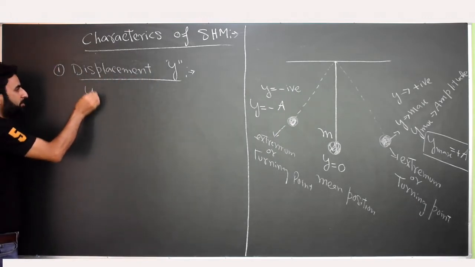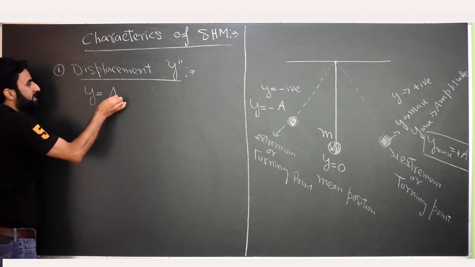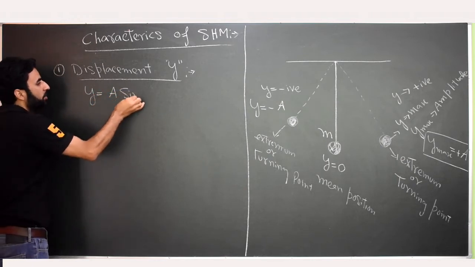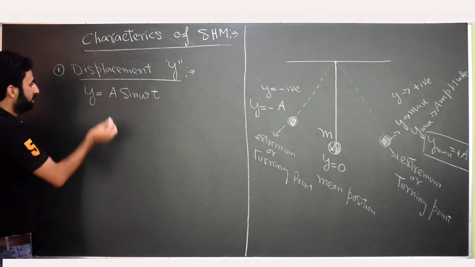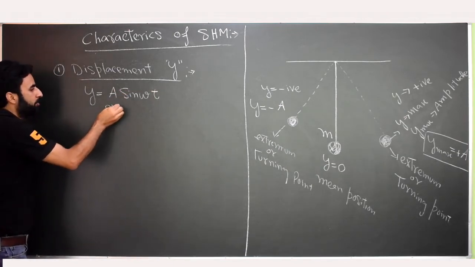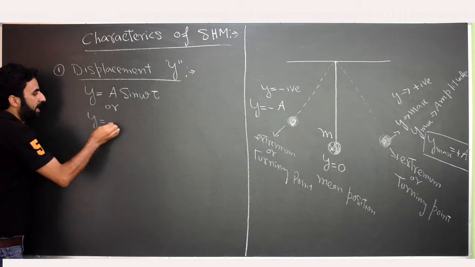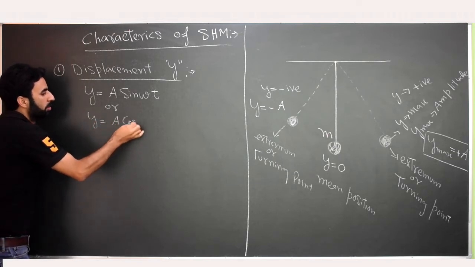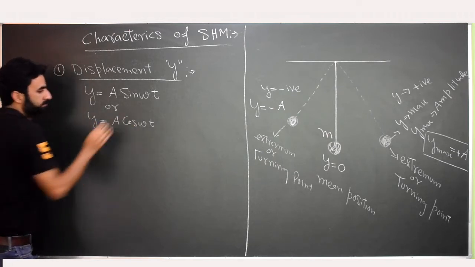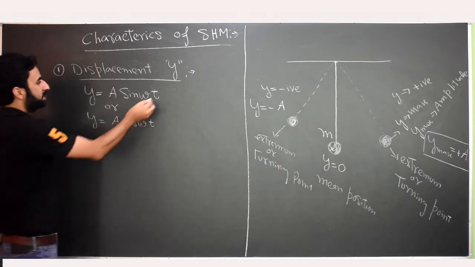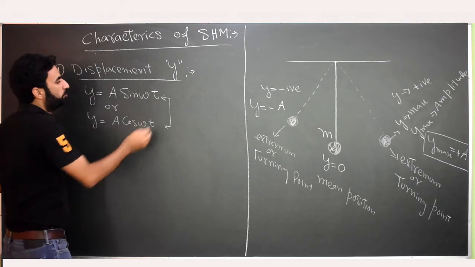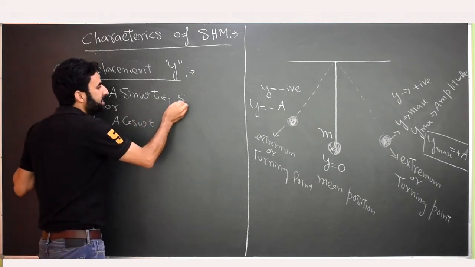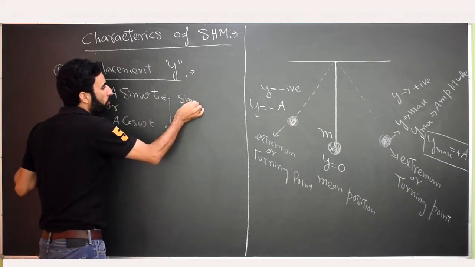So the displacement of a particle, you write it like this: y is equal to A sine of omega t. Or even if the function is cosine, you can write y is equal to A cos of omega t. In both circumstances, what can be the maximum value of sine of omega t?